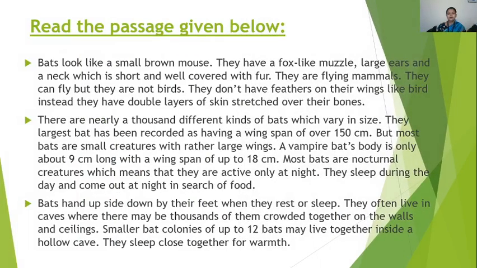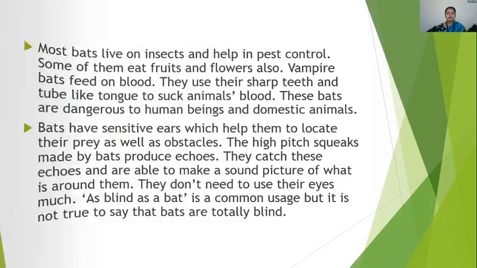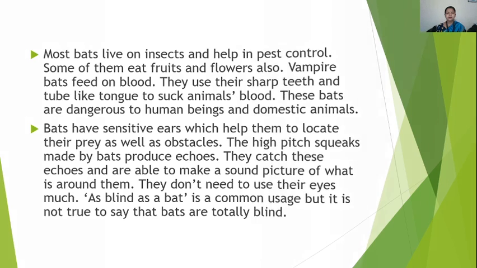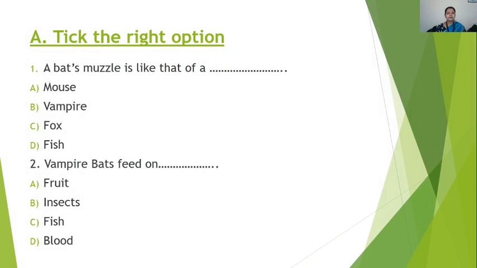Here you can see on my screen. Read the first paragraph. Bats look like a small brown mouse and they have a fox-like muzzle. So what will be my answer for it? A bat's muzzle is like that of a fox. Cleared?